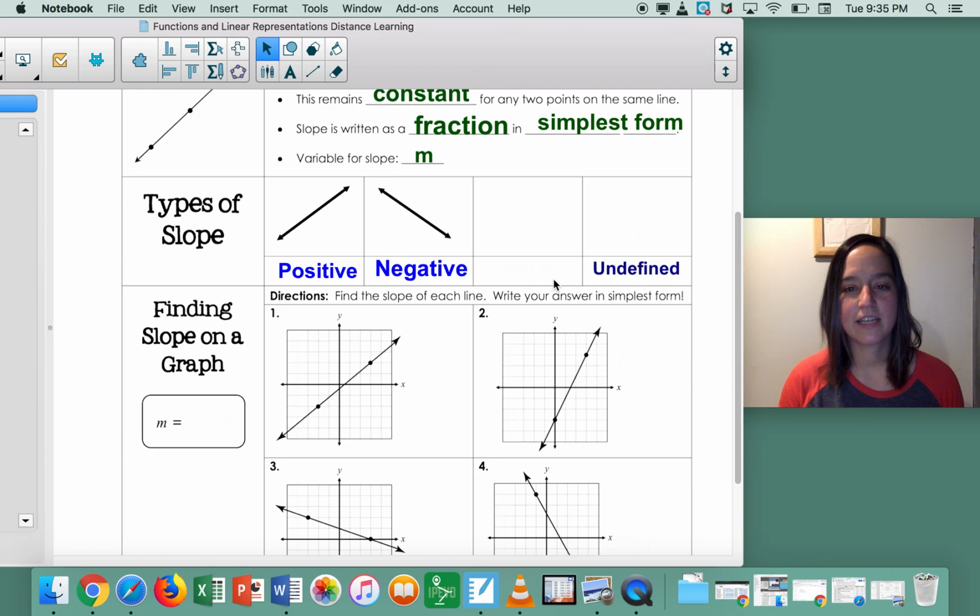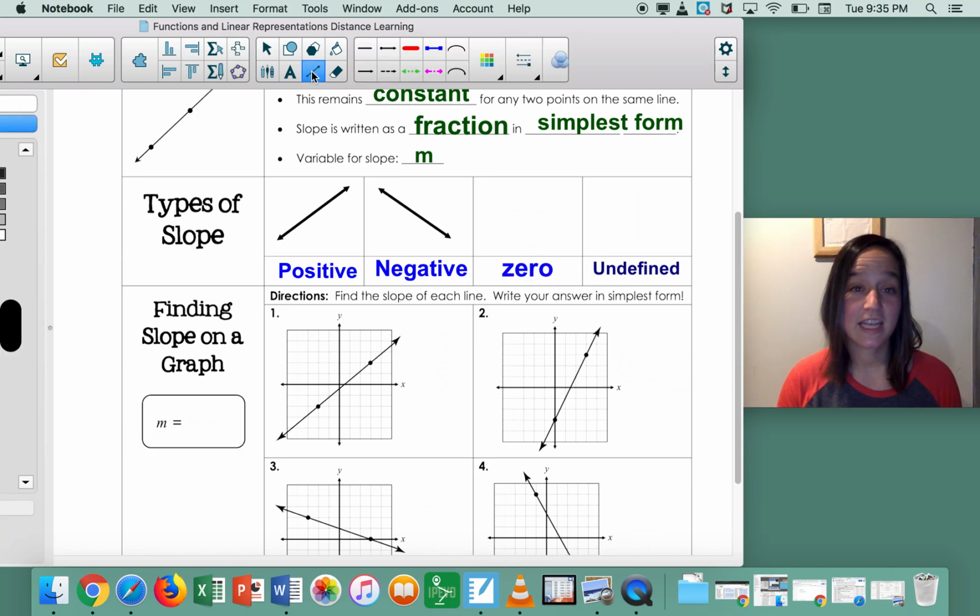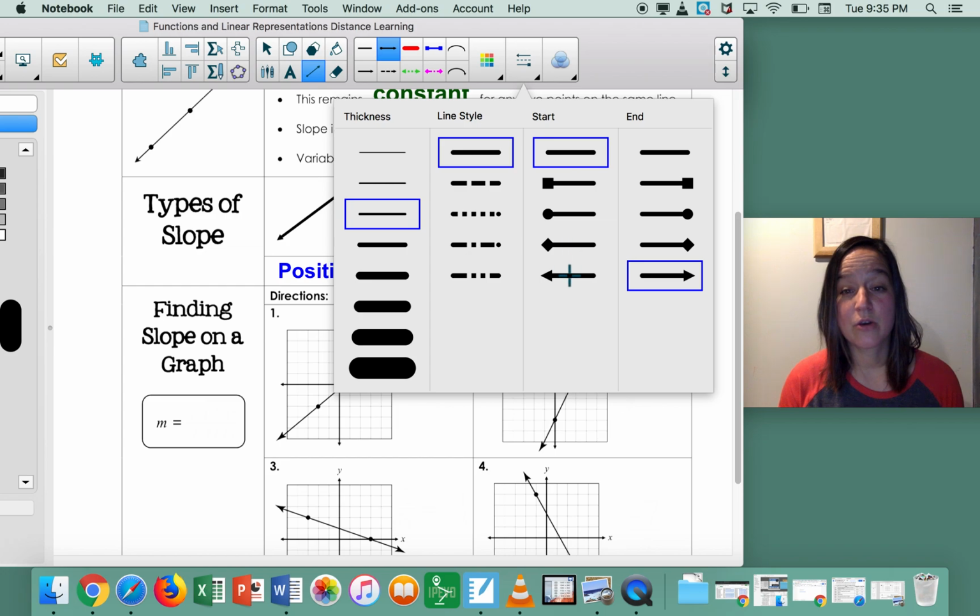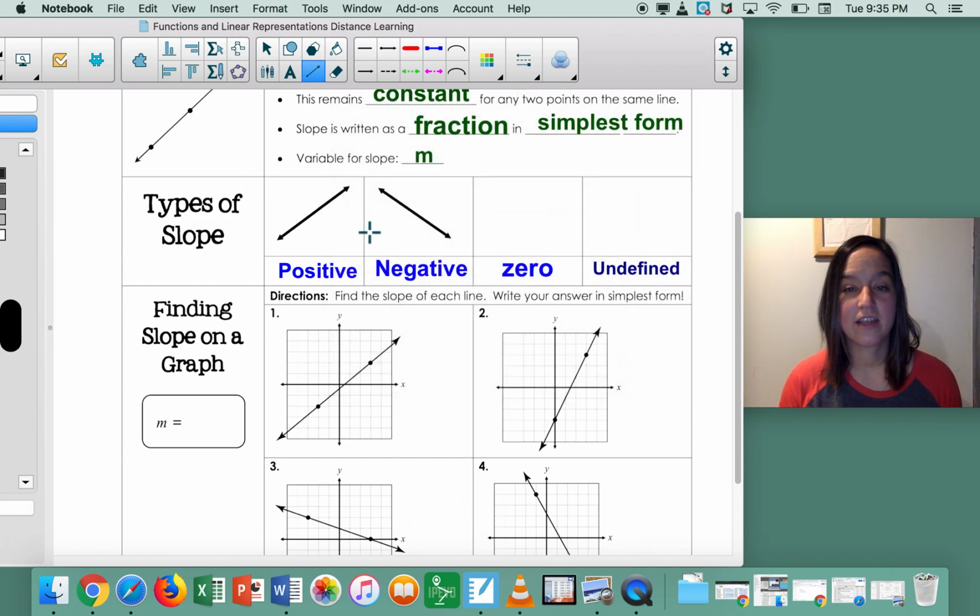We have our undefined and our zero slope. Since it's not letting me click, I'm going to go ahead and make a new line for everyone. Sorry about this. All right. The zero slope, if you remember from Slope Guide, which hopefully we have enough time to go over again, goes horizontal, and the undefined slope goes up and down.